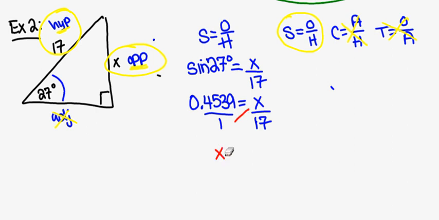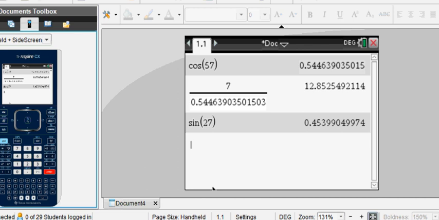So when I cross multiply, x is equal to the 17 times the 0.4539 number, or to the nearest tenth, 7.7.